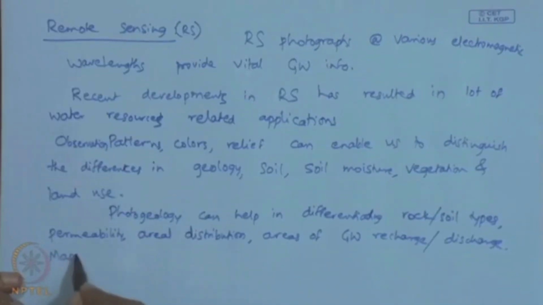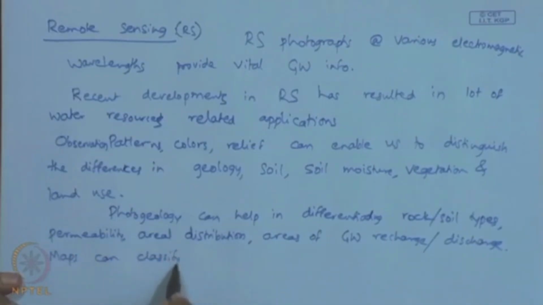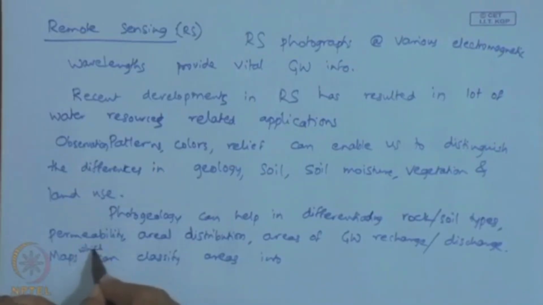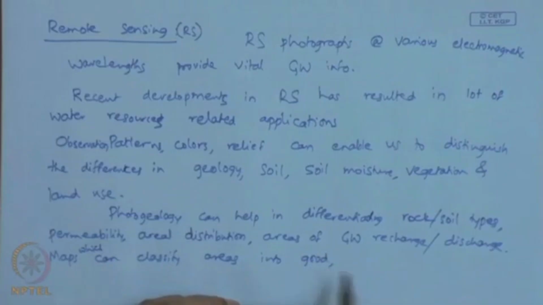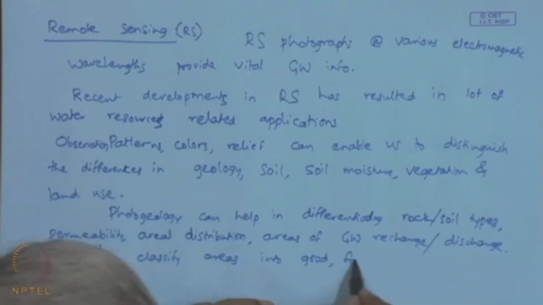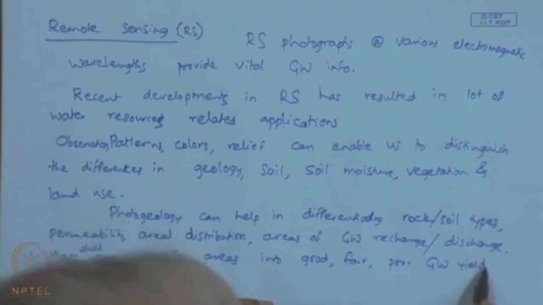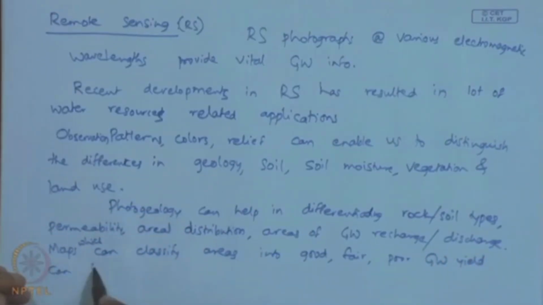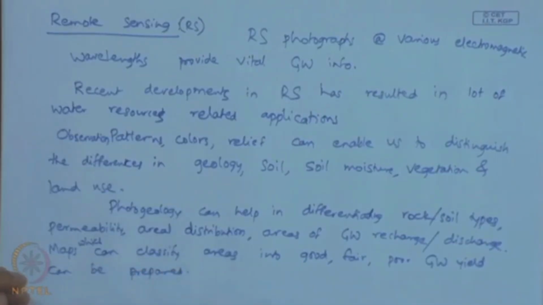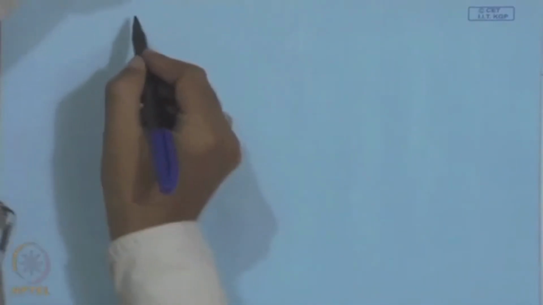Maps which can classify areas into, say, good, fair or poor groundwater yield can be prepared. Now let us list the surface features.